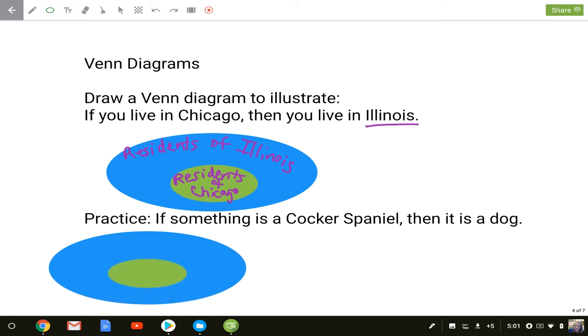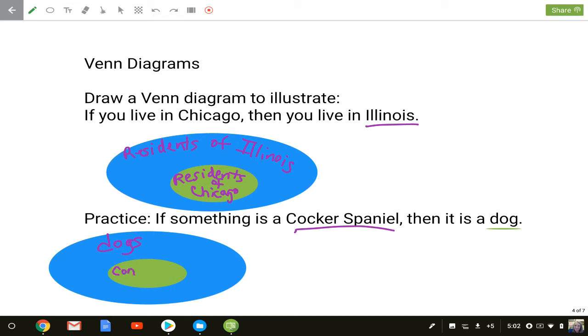In this case, the larger set, the one that has more things that satisfy its condition, would be dogs. So I'm going to write dogs in the blue circle. That would be the set that includes any kind of dog. It could be a lab, it could be a German Shepherd, it could be a mutt. But if something is a Cocker Spaniel, that's going to go into the smaller oval.